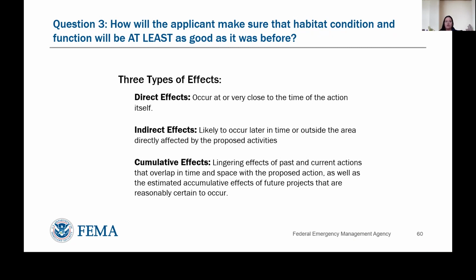And that's how we start to think about cumulative effects, avoiding that death by 1,000 cuts that I talked about earlier. So we're super used to seeing direct effects in our descriptions of projects, but these other two are often missing. So applicants and the contractors that they hire are likely going to need some education about these additional kinds of effects that they need to consider.